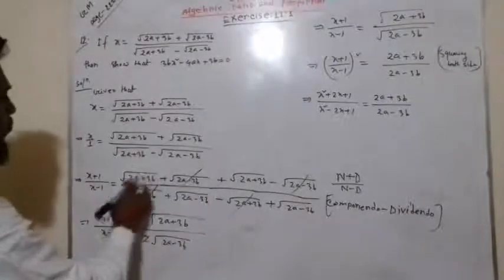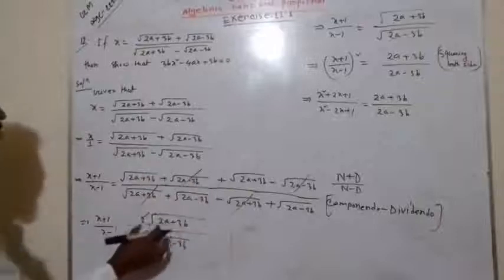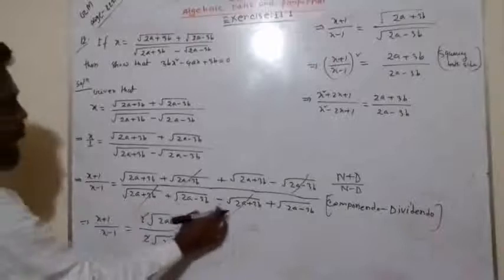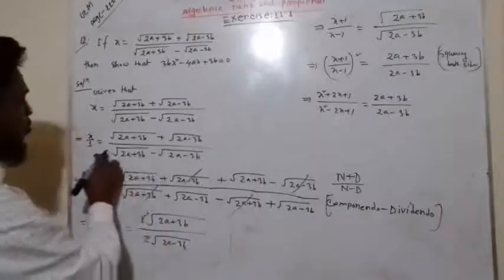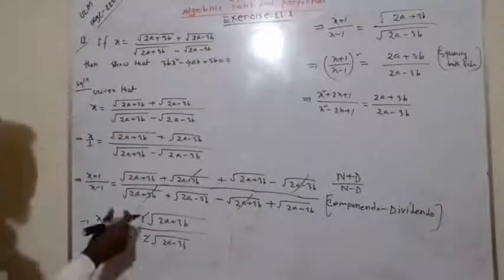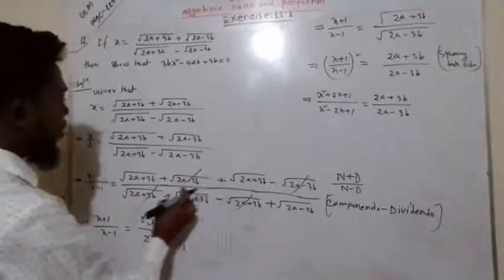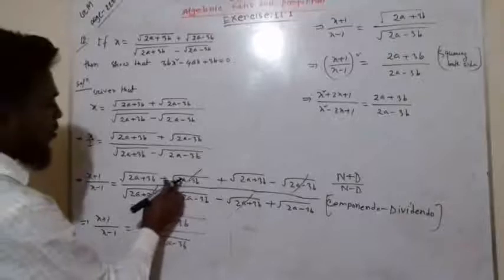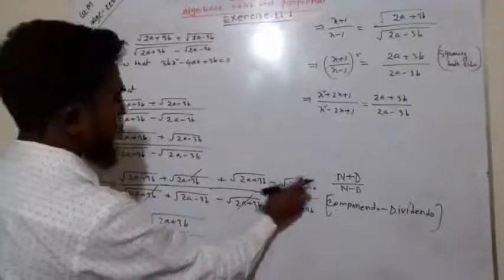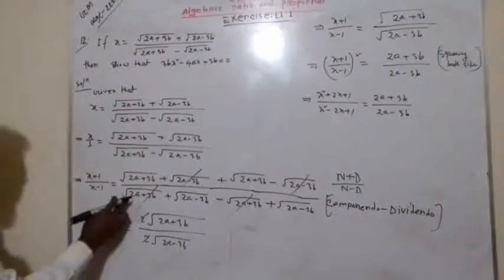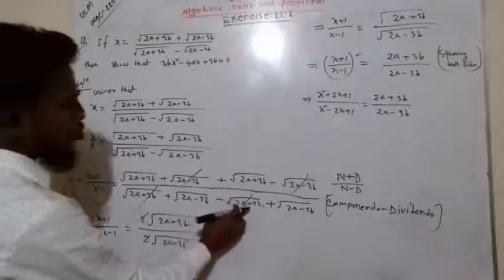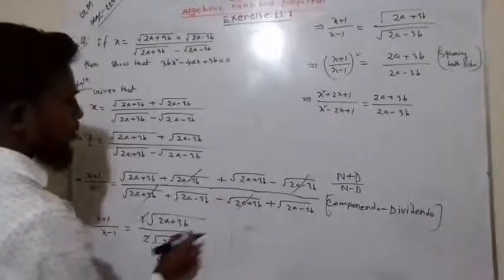Here the numerator plus the denominator, and the numerator minus the denominator. So the two terms, root over 2a minus 3b and minus root over 2a minus 3b, are the same with opposite sign and cancelled, and root over 2a plus 3b and minus root over 2a plus 3b is cancelled.